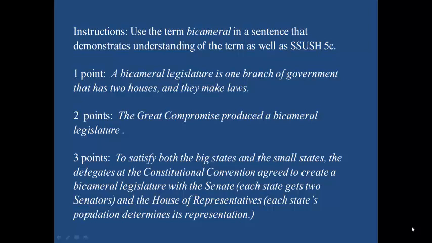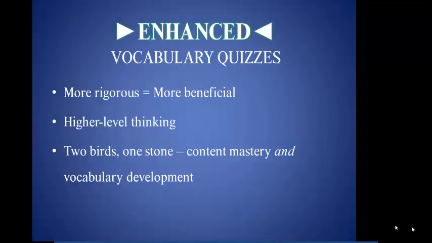So the student is using the term in a way that shows understanding of the term and historical content mastery. This is the way to go. They're accomplishing far more than they would in some other form of vocabulary assessment. When we take a look at enhanced vocabulary quizzes, we're accomplishing a lot.